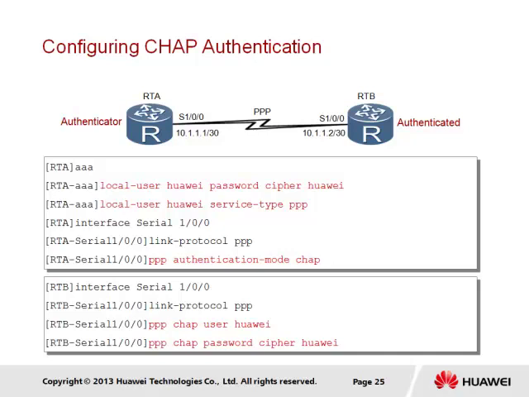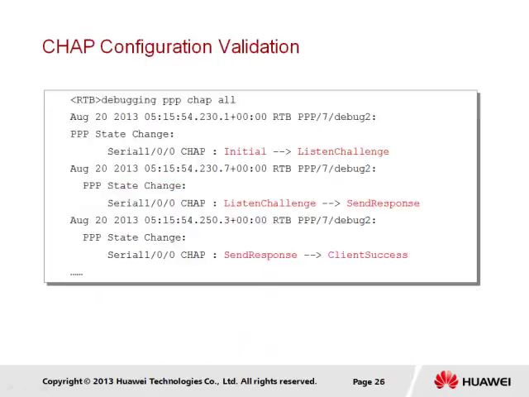We have shown in both cases of PAP and CHAP performing authentication through the AAA architecture that will be looked at in more detail in later sections. However, it must also be understood that other mechanisms such as RADIUS or Huawei TACACS-based server authentication may be used to achieve similar results. Through the debugging feature, we can again follow the stages of authentication that are performed, in this case for CHAP.